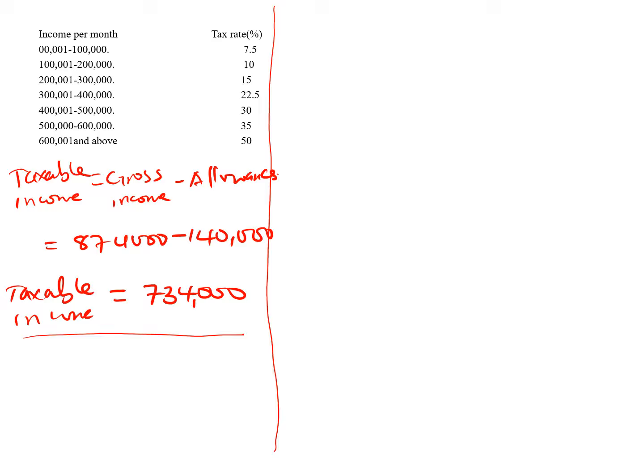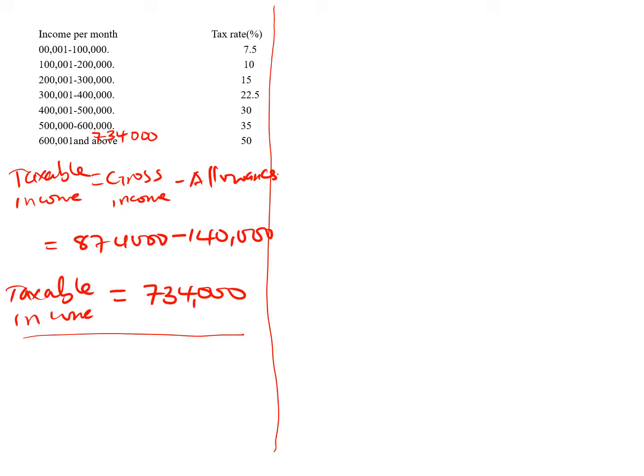So after seeing our taxable income, you need to ask yourself, where does this taxable income lie here in our table? Can it lie between 500 and 600? No, but from 600 and above. So now here I'll just come and fix it there, that this is 734,000, and that can be our taxable income.